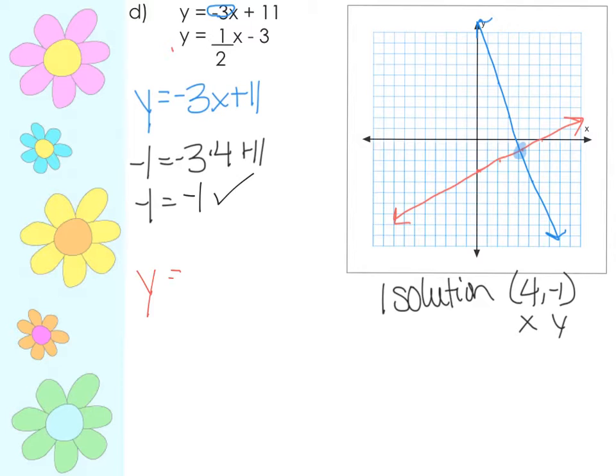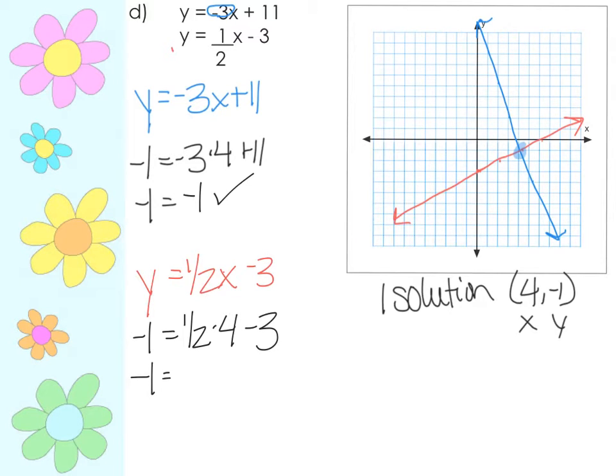Let's check our second one. Fingers crossed it works in this other one. So y equals 1/2 x minus 3. Again, plugging in that same ordered pair. My y is -1. My x is 4.